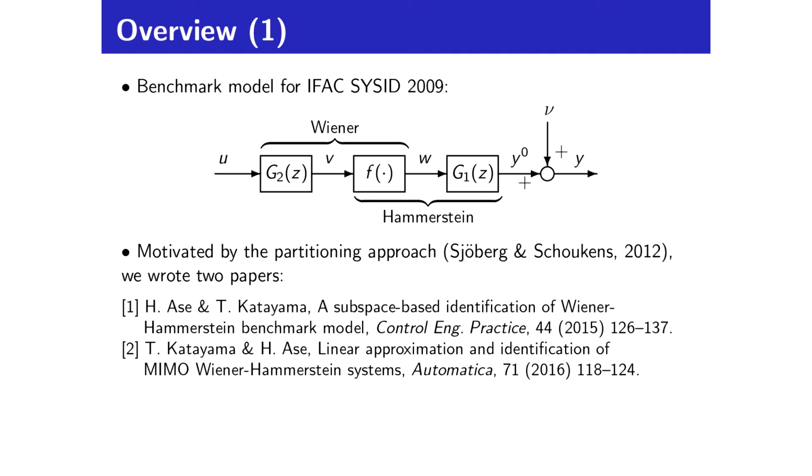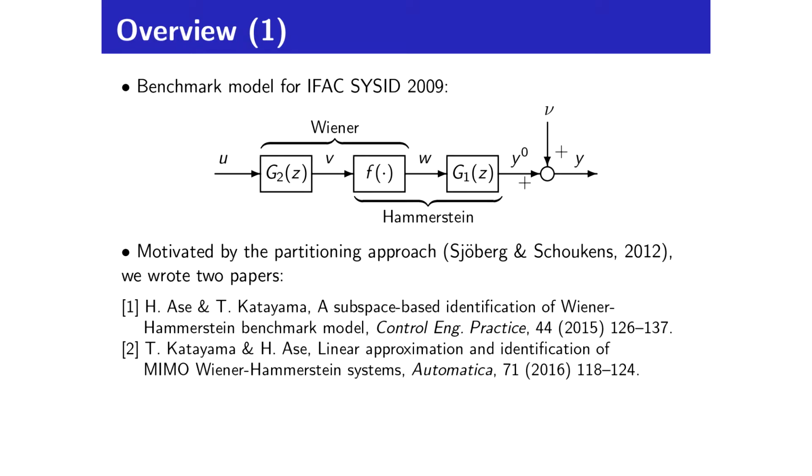So this is called the Wiener-Hammerstein system. After a long time of simulations and trial and error, we arrived at a good way of solving this problem, also motivated by the partitioning approach, which probably some of you know.